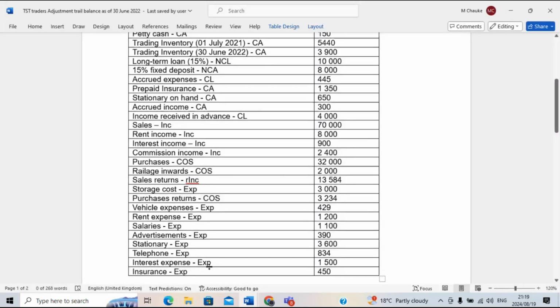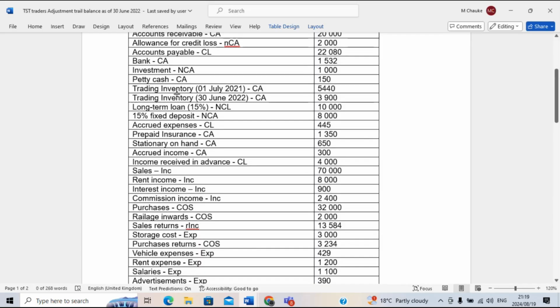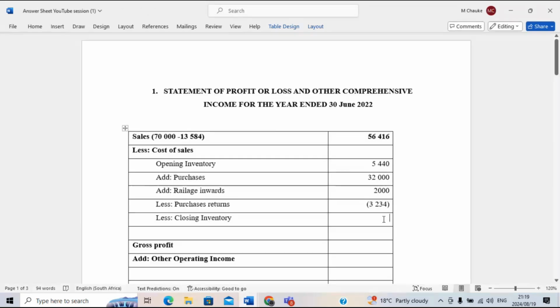It's 3234. Okay. And then we're also going to look for our closing inventory. I'm going to check with the date again. So our closing inventory is 3,900, right? So we put it in brackets as well, because we are subtracting. It's going to be 3,900.